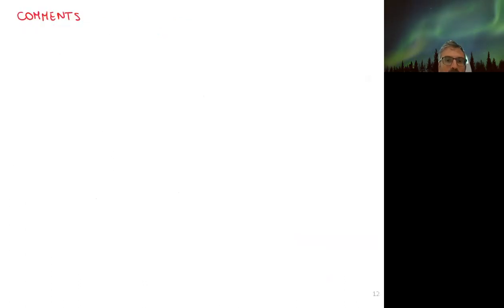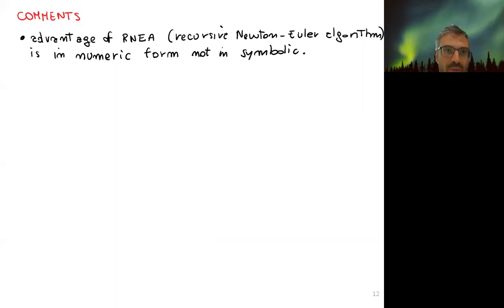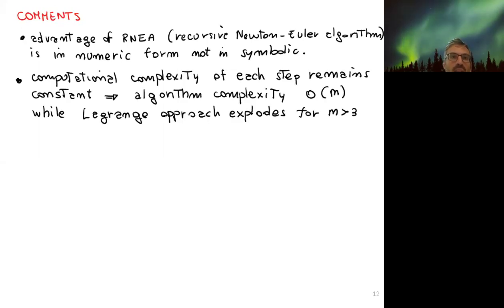To comment about this, the advantages of this recursive Newton-Euler algorithm are that it is in numeric form, not in symbolic form. And the advantage is that the computational complexity is linear with the number of joints. Think about each step, the propagation, the recursion, forward or backward, it remains the same, it doesn't become more complex.